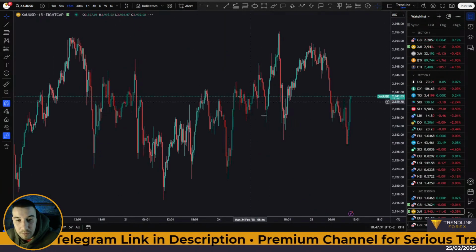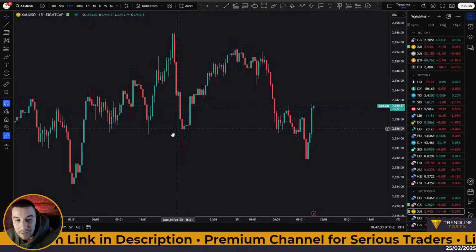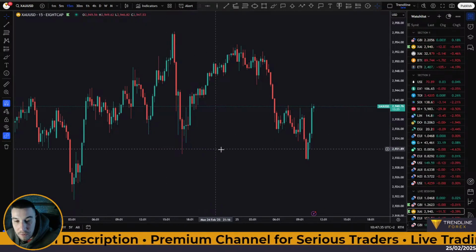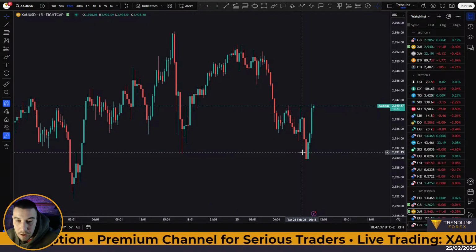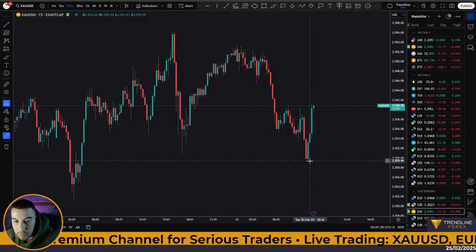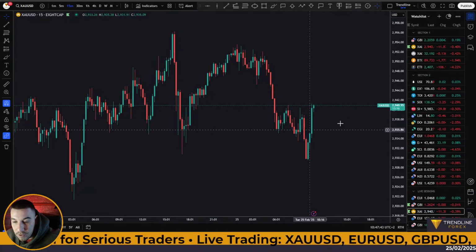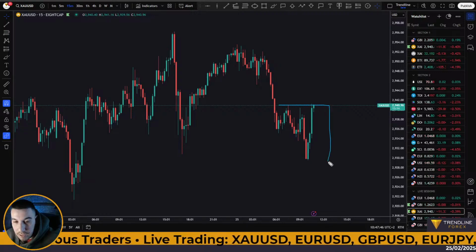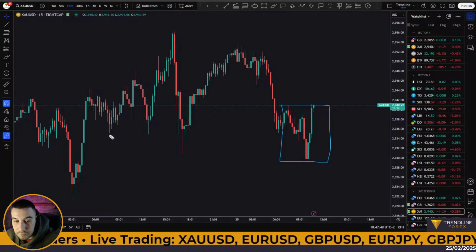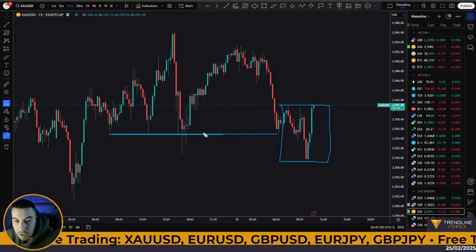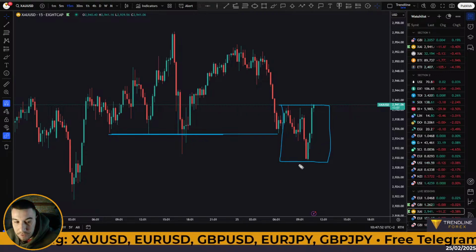So if you look at the 15-minute chart, we did take out this previous structure, and it looks like we're now gathering momentum, which I usually want to see as soon as we take out some previous structure. So this setup is kind of looking good. We were trading below this structure on the 15-minute time frame.